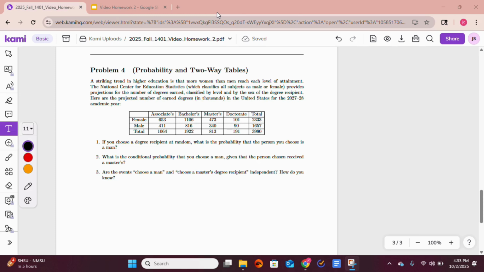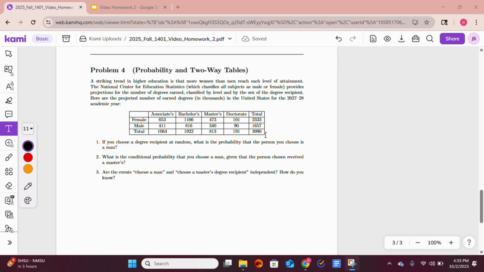Our first question asks, if you choose a degree recipient at random, what is the probability that the person you choose is a man? To do this one, we first need to look at the total amount of male degrees, which is 1,057. Then we would divide this by the total amount of degrees, both male and female, which is 3,990.